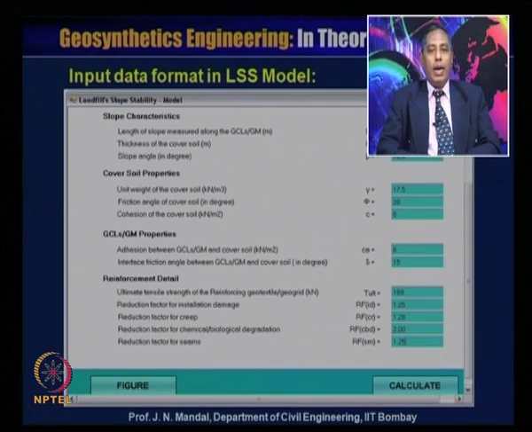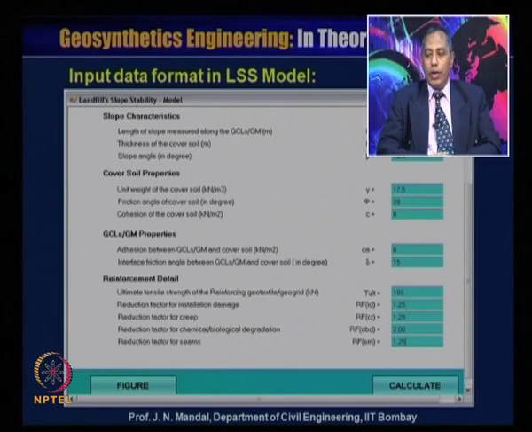Now, because we have added the reinforcement here to make a much more stable slope, we give the reinforcement details, that is ultimate tensile strength of the reinforcement geotextile or the geogrid, T ultimate, is equal to 100 kilonewton.